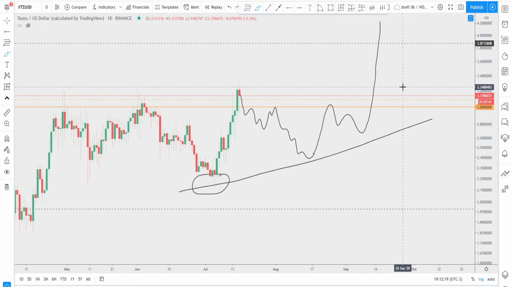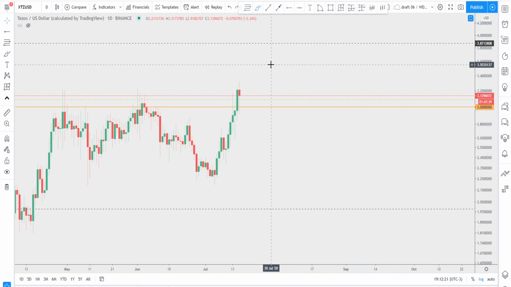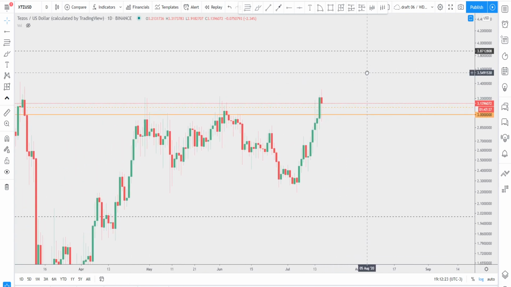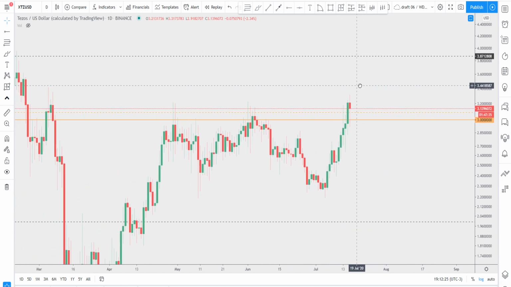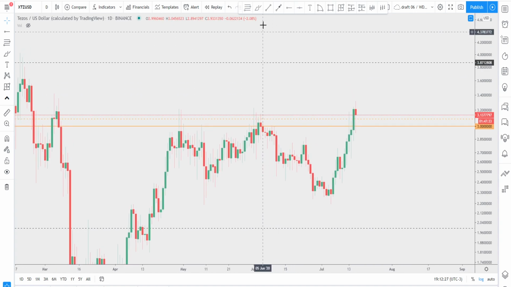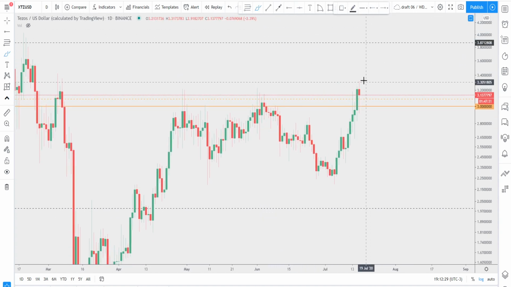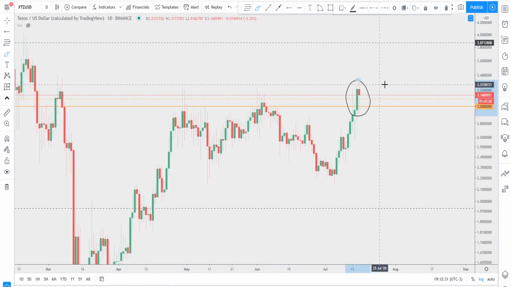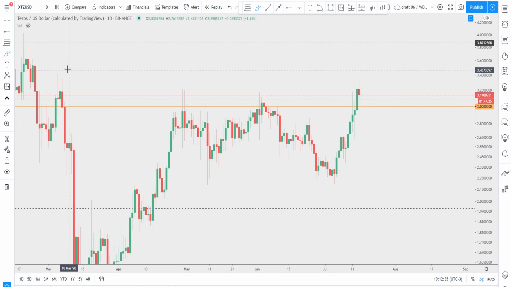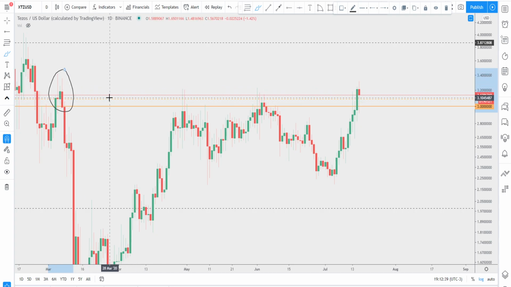Okay, just a moment. Yeah. So some people may say, well, but we are closing above this level and this is bullish. The thing is, back in the day, as you guys can see here, they made the same thing.